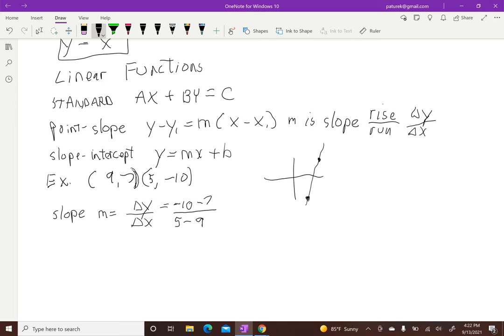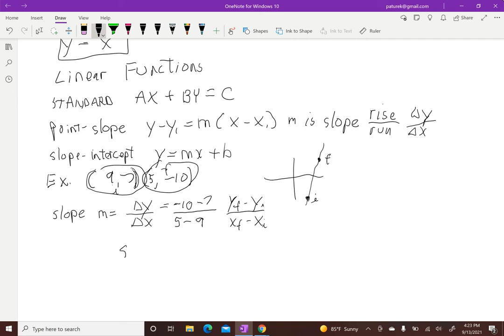You have to do it in the order of final minus initial. Y final minus y initial divided by x final minus x initial. This is the final point. This is the initial point. This is the initial point. This is the final point. Always in that order. So what do we get? -10 minus 7 is -17.